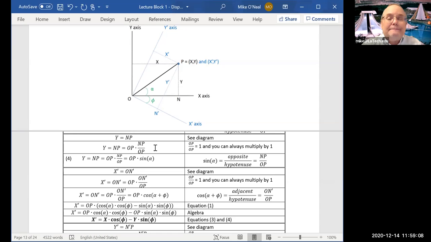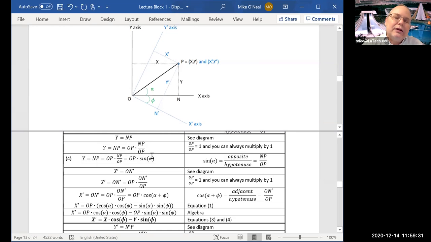But there's a reason for the madness, because what is sine of an angle? It's the opposite over the hypotenuse. We're still working with little angle alpha. It's the opposite, which is NP over OP. So that's sine.